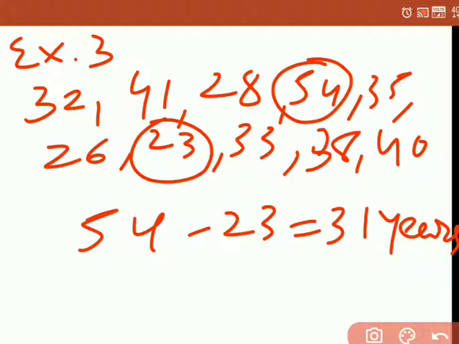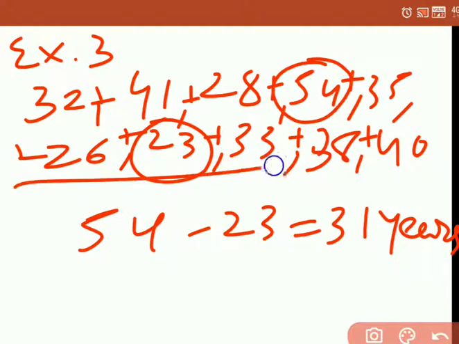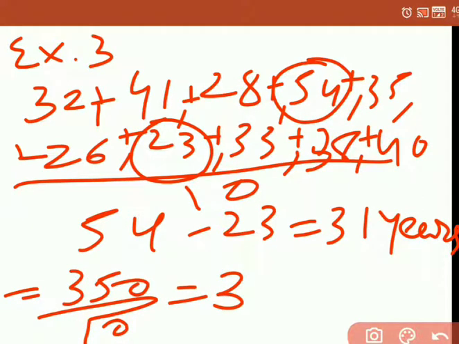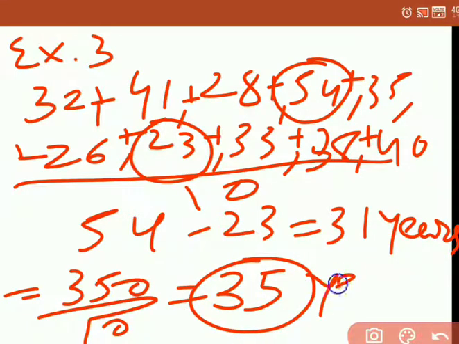Get it? Now what is the mean? What do we need to do to find the mean? We have to add all of these and divide by how many teachers there are. The total number of teachers is 10, so divide by 10. The total of this is 350, divided by 10. So the arithmetic mean of this data is 35 years.